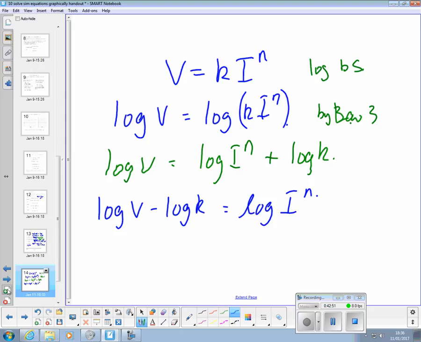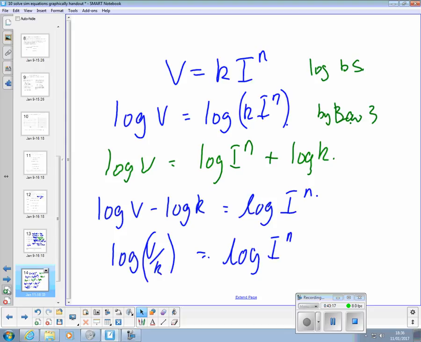By law 2 we could write that as log of v over k, sorry, that's my writing, Karen, is equal to log of i to the n.